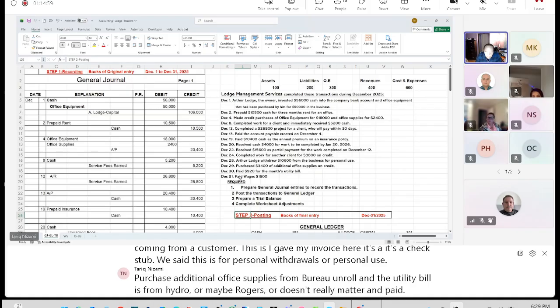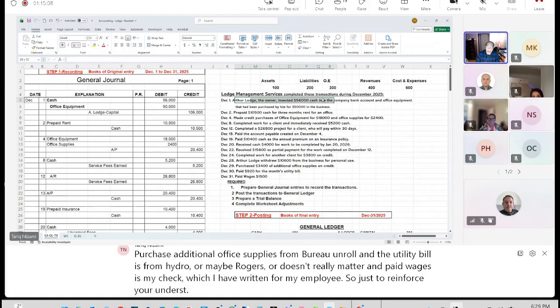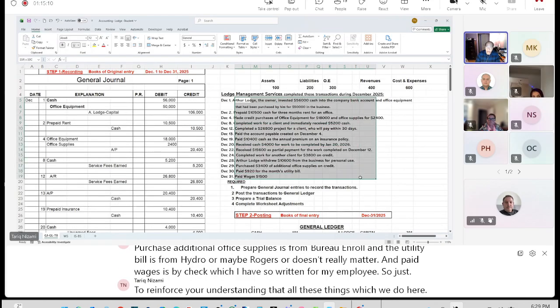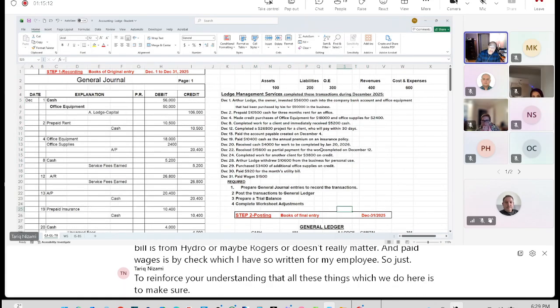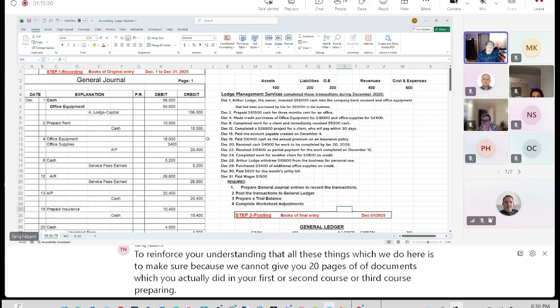And paid wages is my check, which I have written for my employee. So just to reinforce your understanding of all these things which we do here, we cannot give you 20 pages of documents, which you actually did in your first or second or third course, preparing invoices.